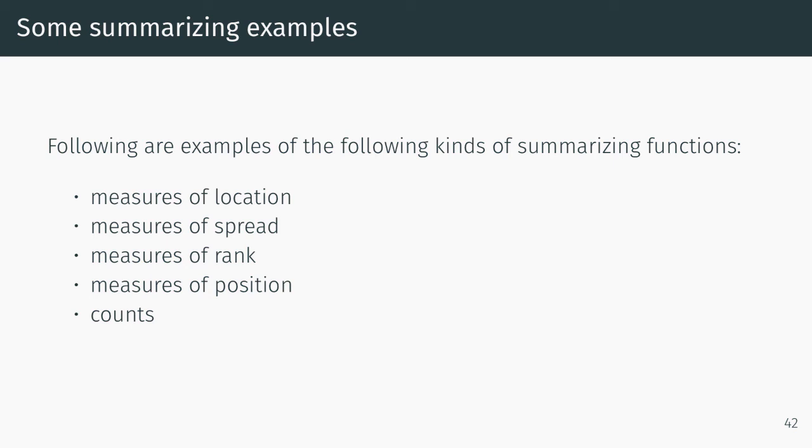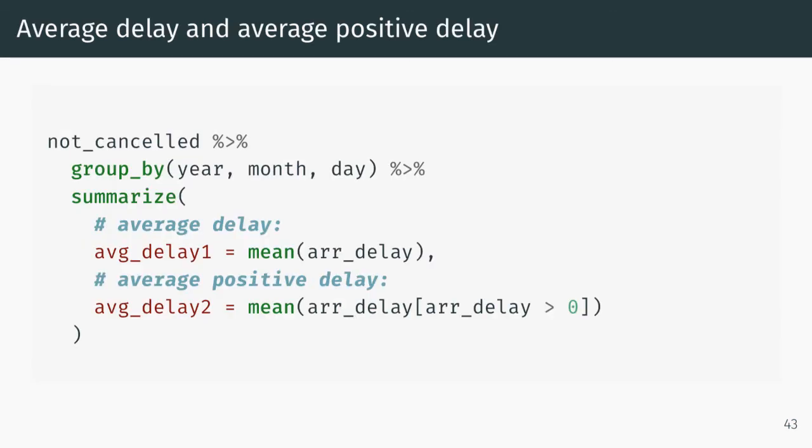Okay, so here are some summarizing examples: measures of location, spread, rank, position, and counts. So this is just a few examples of this that we'll finish up the chapter with. And all with the not canceled flights. So here's the average delay and the average positive delay.